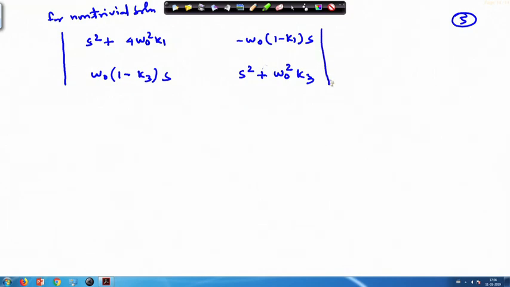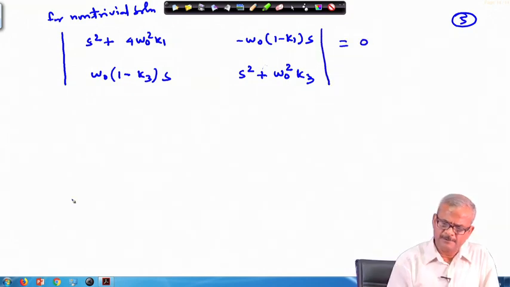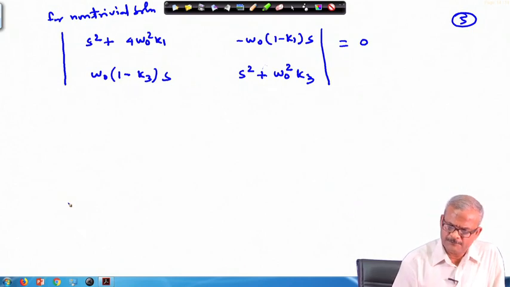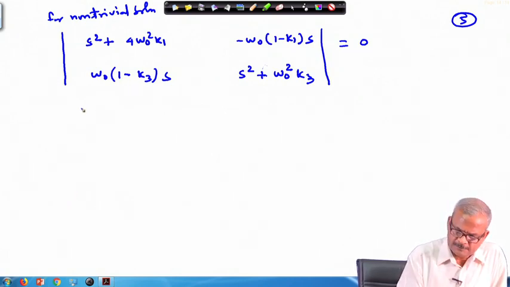Okay. So, this determinant has to be set to 0 for the non-trivial solution.